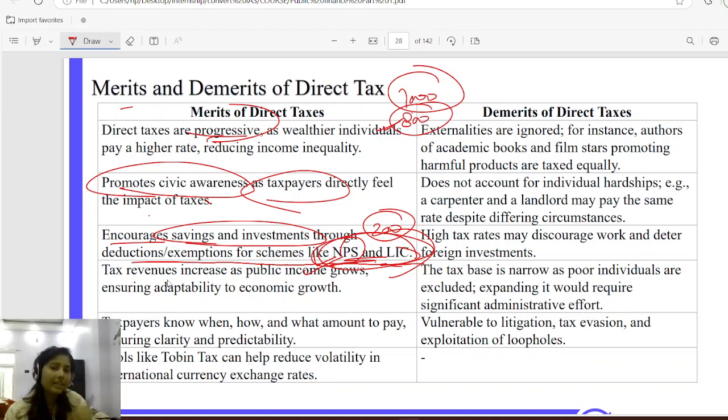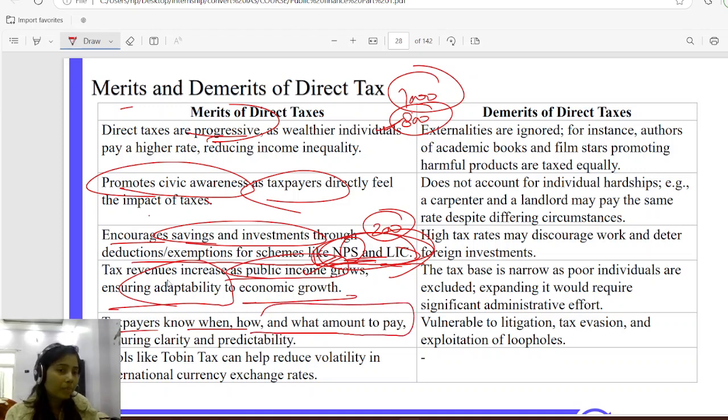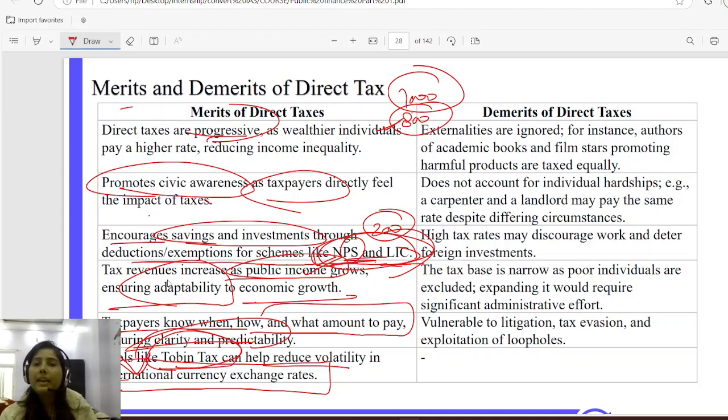If you are doing it, you will be getting tax exemption on that amount. Okay. Then tax revenue increases, public income grows, ensuring adaptability to economic growth. Taxpayers know when and how, what amount to pay, ensuring clarity and predictability. And tools like Tobin tax can help reduce volatility in international currency exchange. Okay, Tobin tax, I think it is going to come in the coming slides, so I'll be explaining it there. Okay, then demerits.